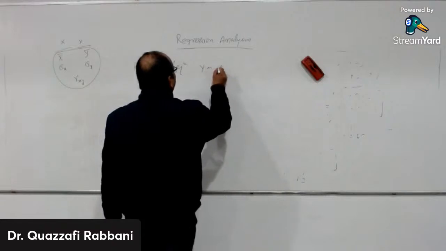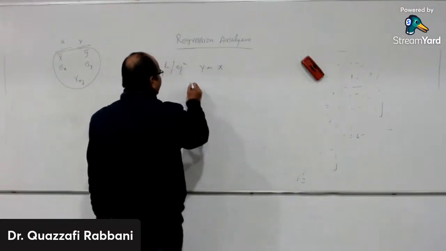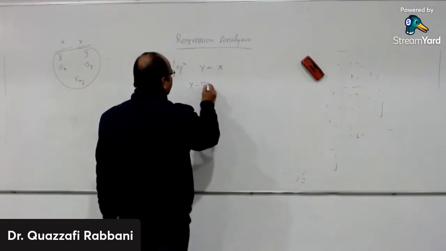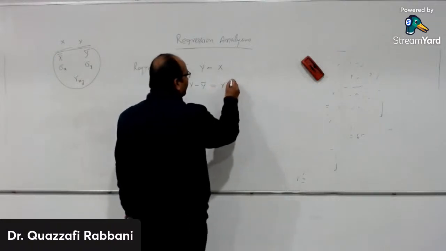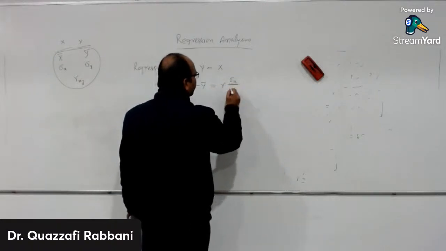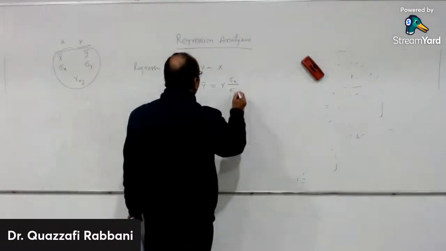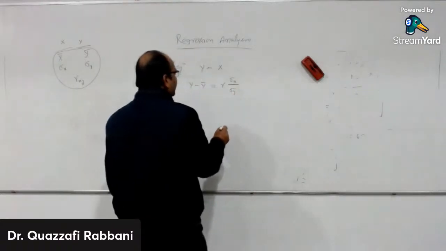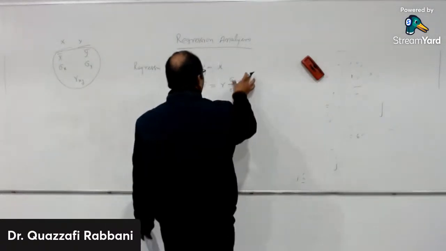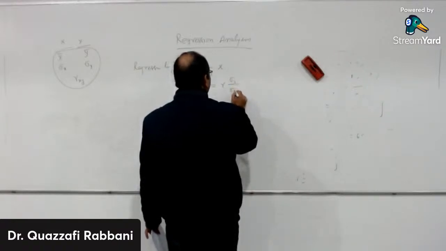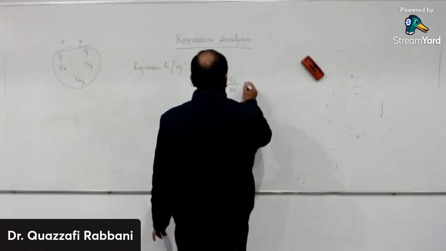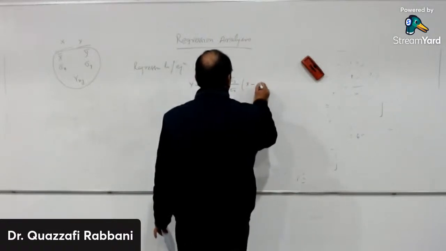Y on x can be written as y minus y bar is equal to r, the correlation between x and y, times the standard deviation of y divided by the standard deviation of x, and my x minus x bar.